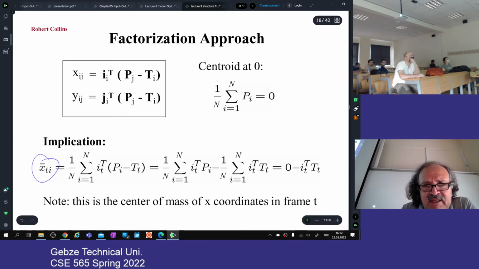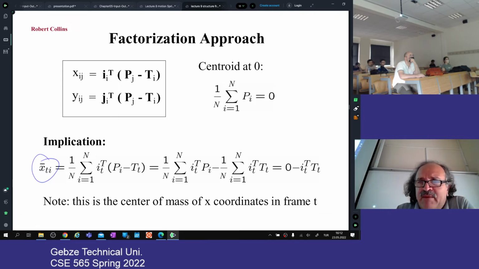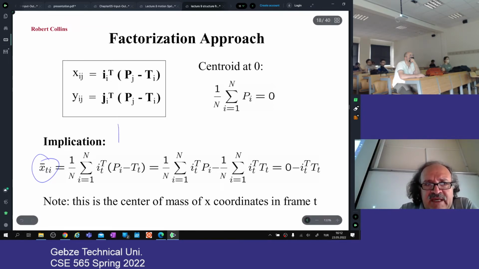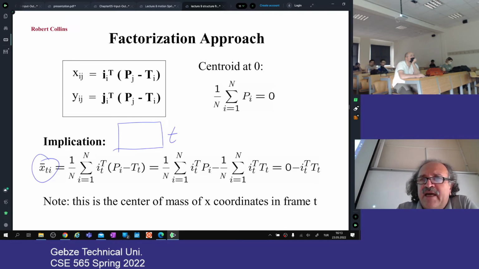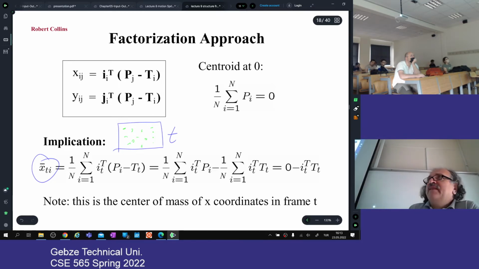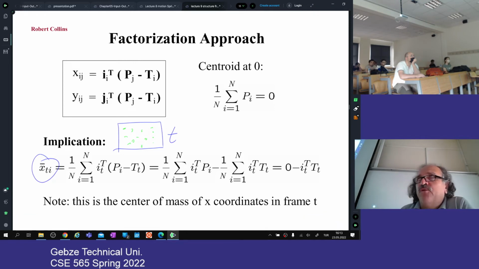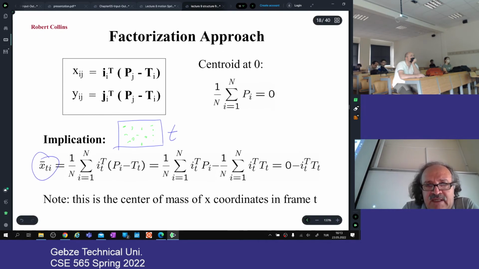So what does that mean? It means that give me an image, image number t. On this image I have n points, xy points. If you add them up, if you take the average of all of those xy points, or the center of mass of xy points, it's going to be this value.